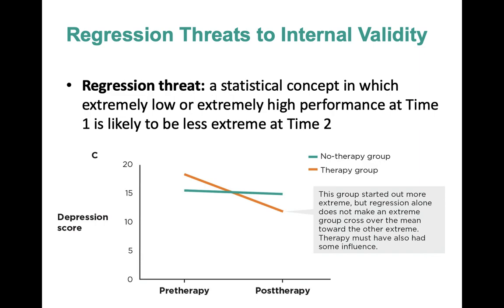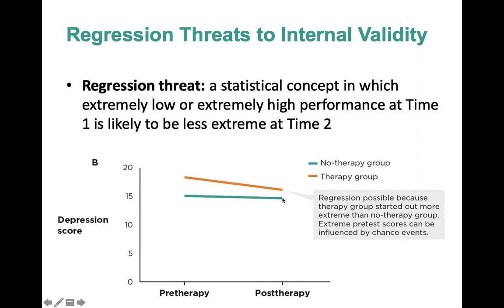Okay, and then here's just one more example. Here too, we can rule out regression. And this is because our therapy group started out more extreme, more depressed than the no therapy group. So if a regression effect was the only thing that was happening, this orange bar would regress down to this green bar, just like we saw in the first example.